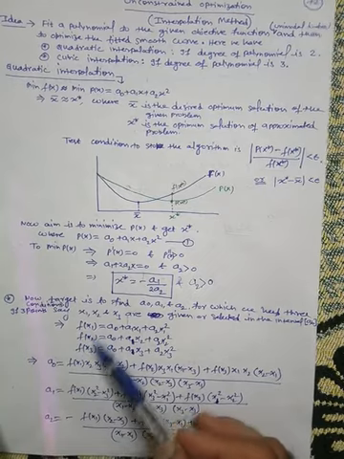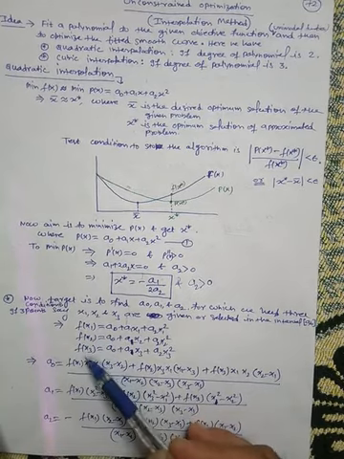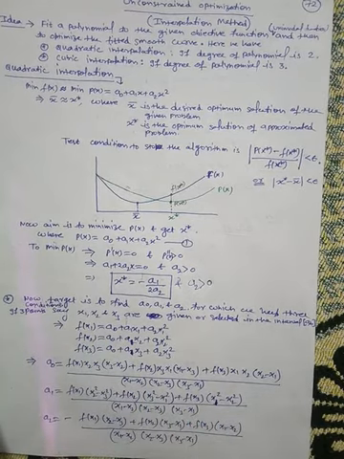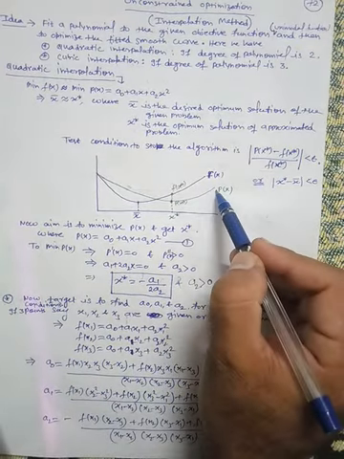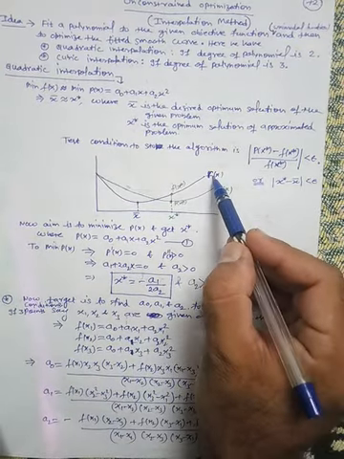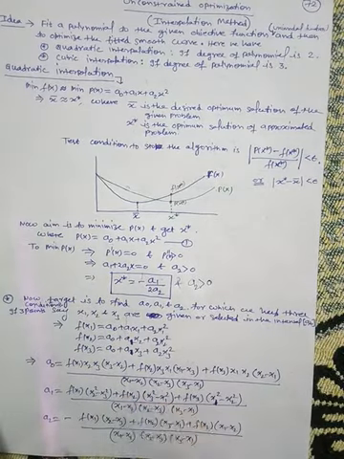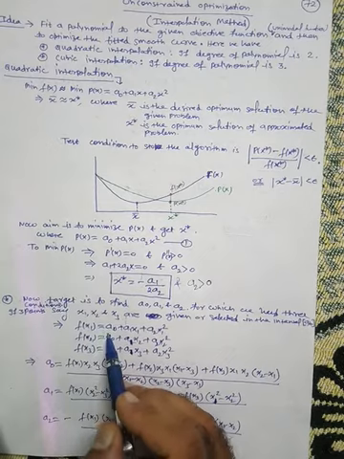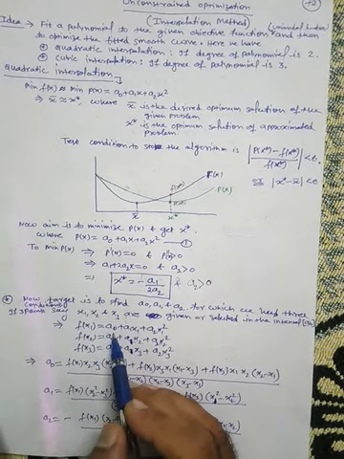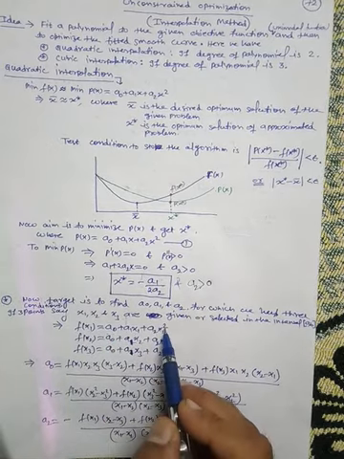These are the three interpolating conditions, and we know the meaning of an interpolating condition: the value of the polynomial as well as the function at these points should be the same. That's why f(x1) is exactly the same as p(x1). p(x1) is nothing but a0 + a1x1 + a2x1².